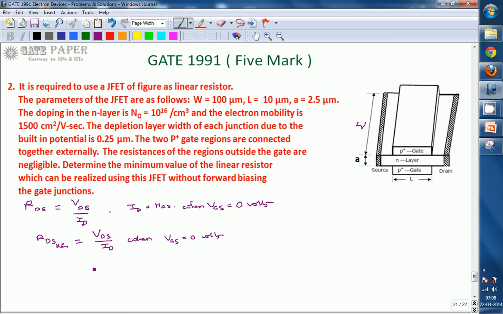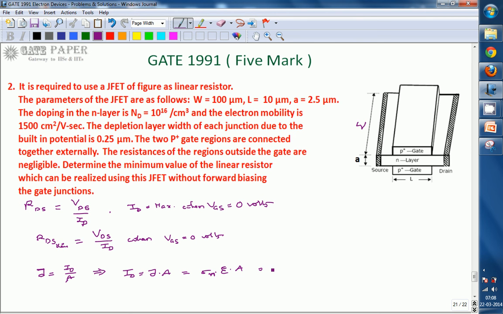Next, current density J is current per unit area, so J equals ID by A. From this, ID is equal to current density times area. Current density is sigma times electric field, and sigma is for the N channel, so sigma N, the channel conductivity, times electric field times area.